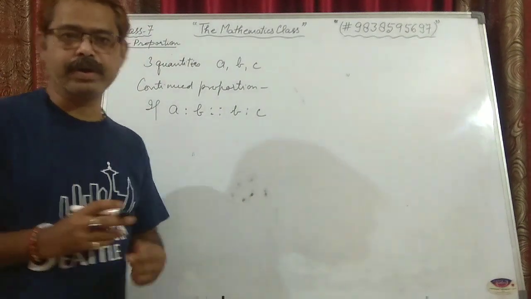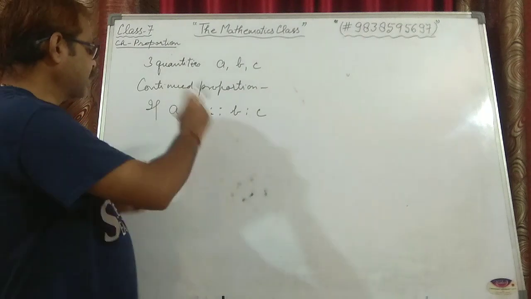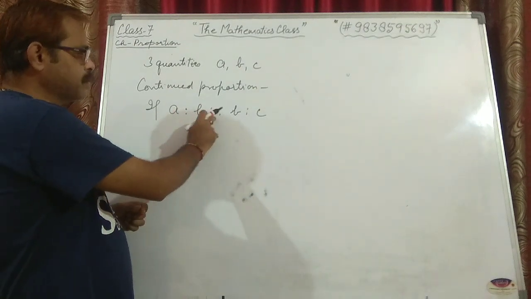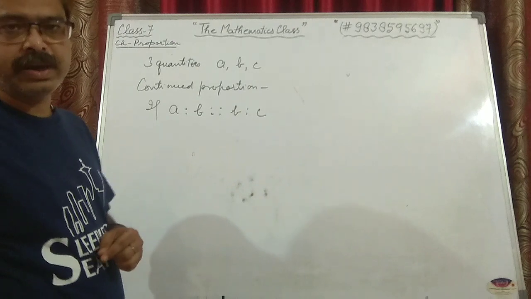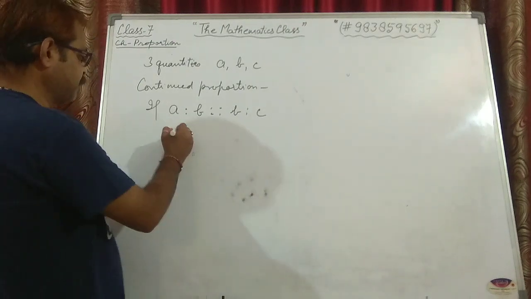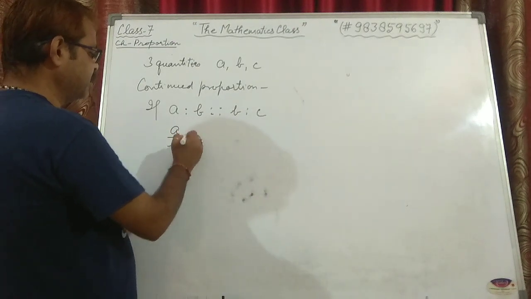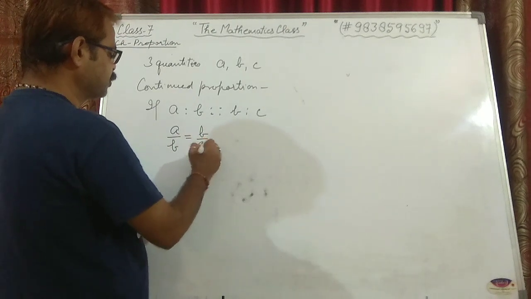When there are 3 quantities given and they can be written in the form of A is to B, proportion B is to C, they are said to be in continued proportion. It means A upon B is equal to B upon C.